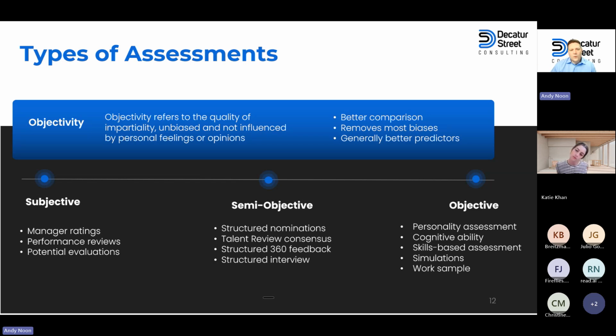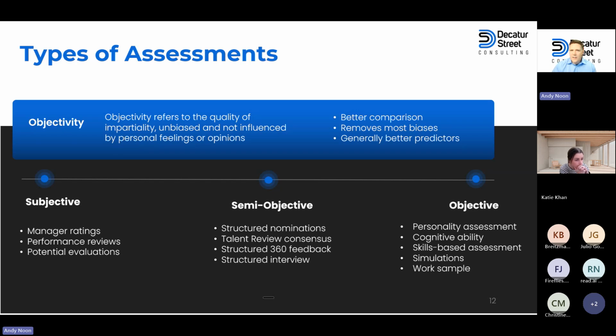What I'm going to talk mostly about today are what I'd call true objective assessments. These are things like personality assessments. I know when we did the questions at the beginning, you talked about DISC and a couple of other ones, the Hogan. These are the kinds of things that are becoming very objective in terms of the process.